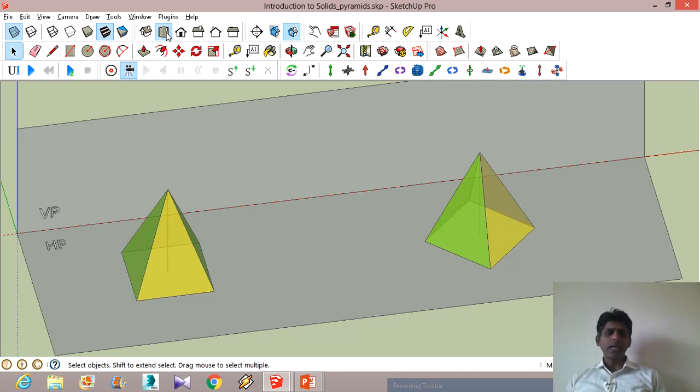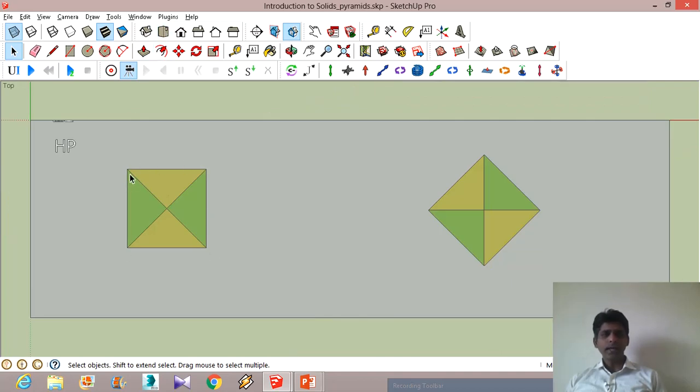So you can start by drawing the views like this. So this is a square pyramid. Its top view is a square, and we can see that if we join the diagonals of the square, they represent the slant edges.